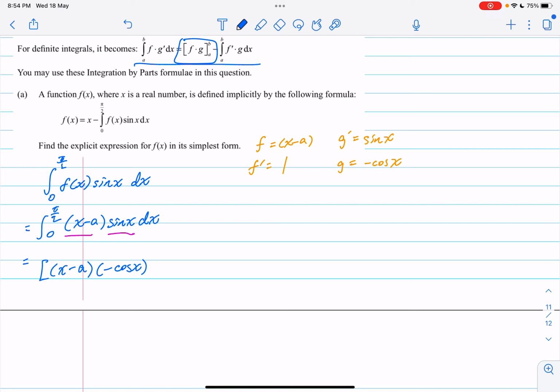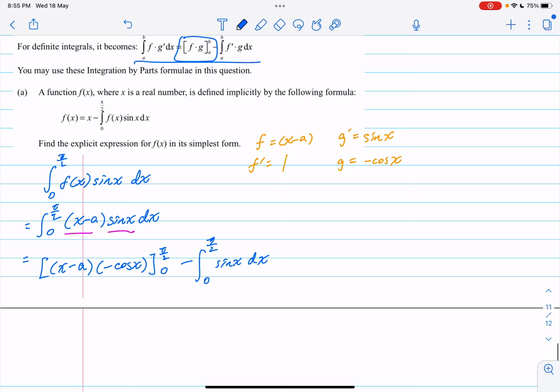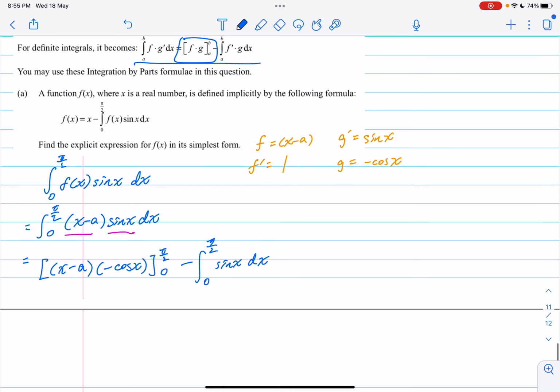Correct? Then, yep, these two values, then minus f dash is 1, just ignore it. Then g dash is sin x, so that's just sin x. Right, sorry. It's not g dash, it's g.